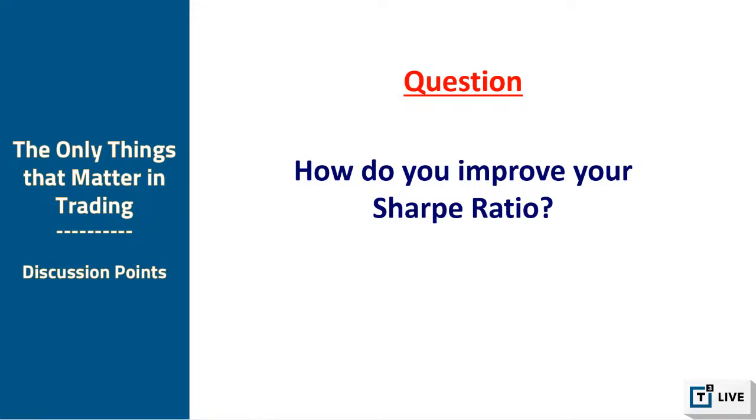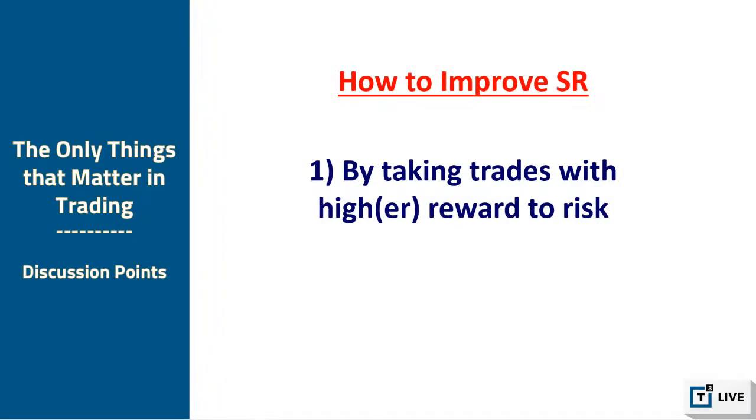So, okay. All right, so you improve your Sharpe ratio by taking trades with higher reward to risk. So the first step to every trade is what? The first step is figuring out whether the trade meets your strategy requirement or not.